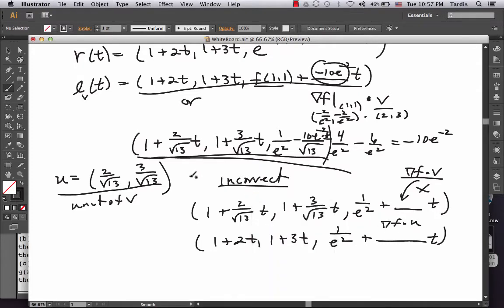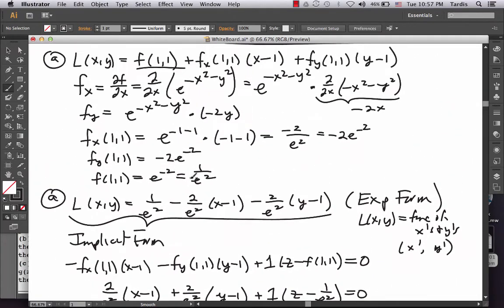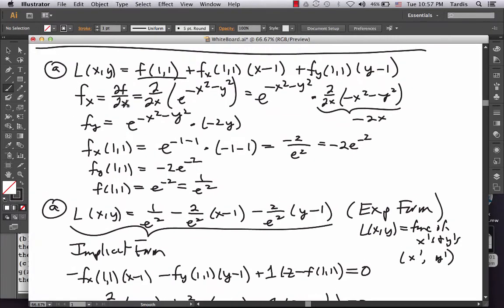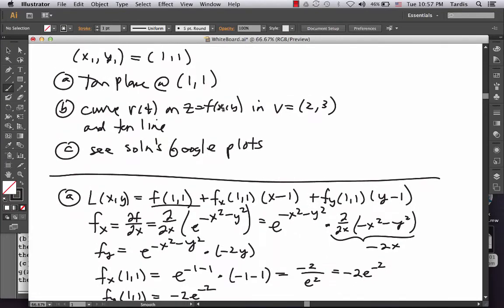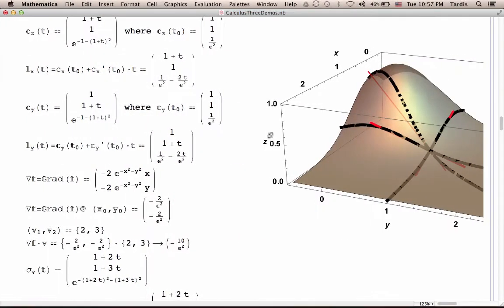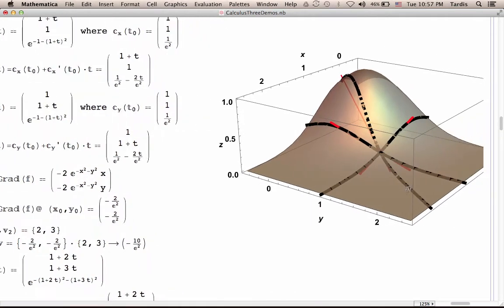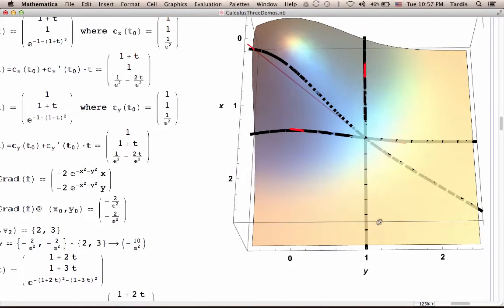Okay. So there are your answers to the tangent to this problem, finding the tangent plane and finding the curve on the surface in that given direction. If you'd like to see a plot, here's what we're looking at. We're looking at our function. Here is the point (1, 2).